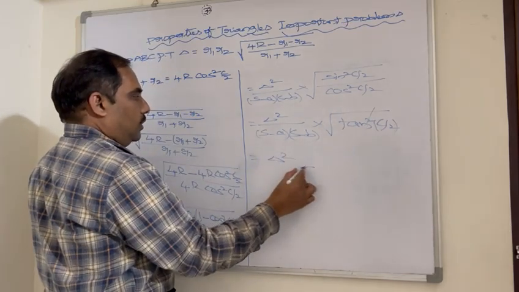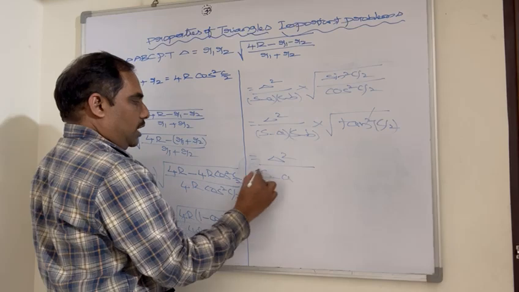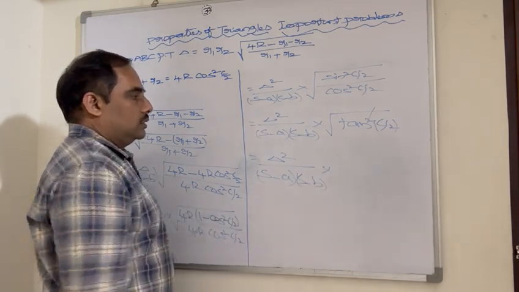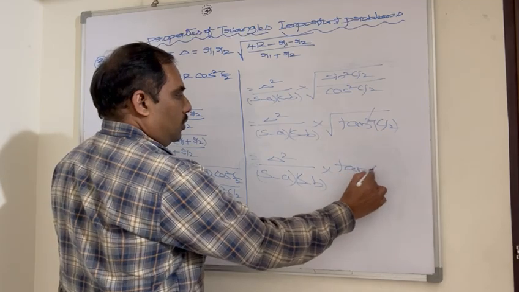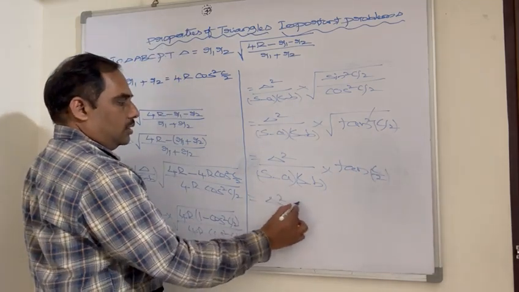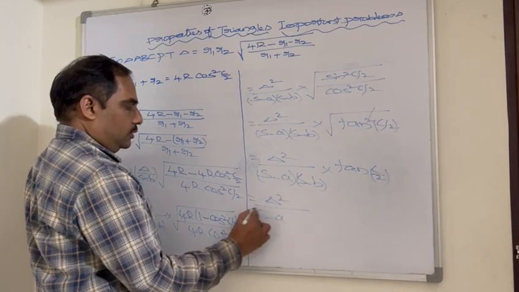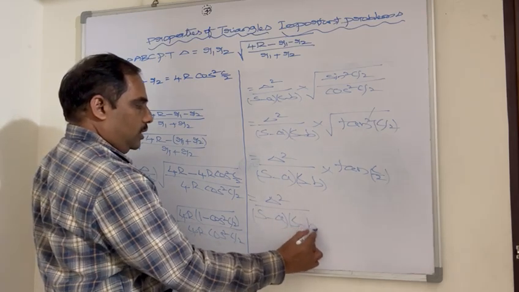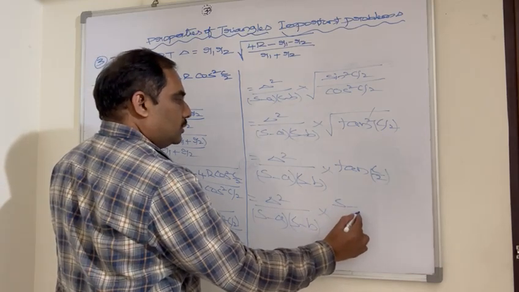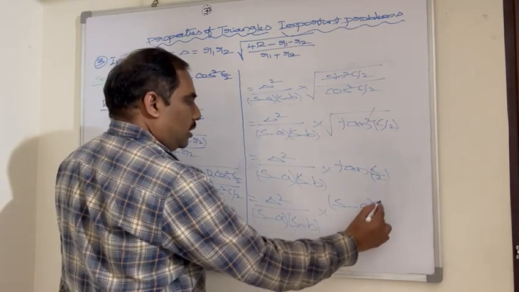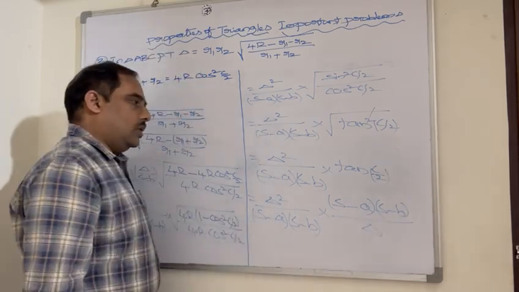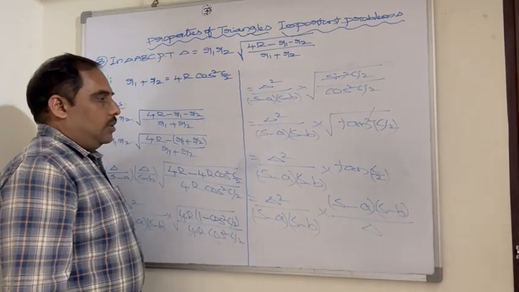Here delta square by (S minus A) into (S minus B) into tan C by 2. So we have one more formula for tan C by 2: it can be written as (S minus A) into (S minus B) by delta.